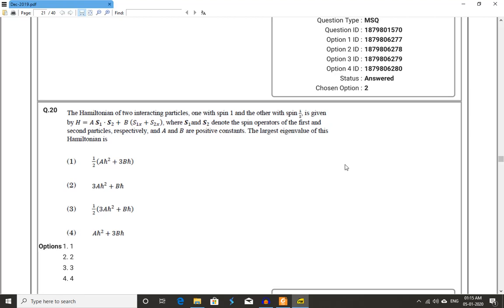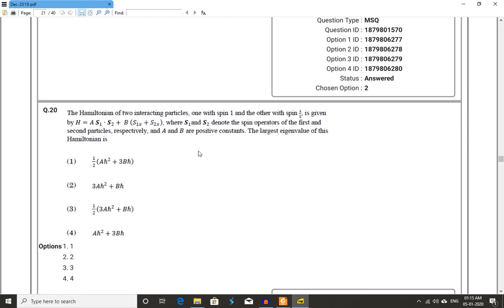And this S square will eventually be S into S plus 1, S1 square will be S1 into S1 plus 1, S2 square will be S2 into S2 plus 1. Then where you see the question, largest eigenvalue of the Hamiltonian. You have the spin vectors, one is 1 and the other is half. You got explicitly the expression and you just put 1 and half.